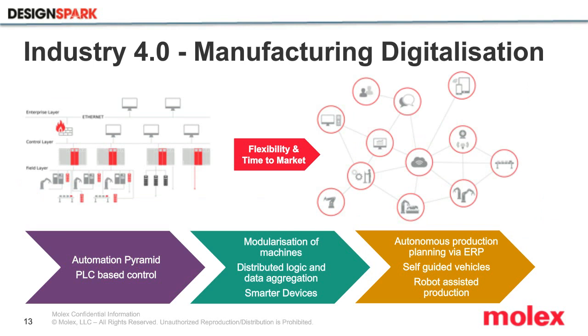So, to achieve the expectation of flexibility and time to market required by Industry 4.0, we see that the current manufacturing process will progressively move to a more and more interconnected and flat infrastructure.